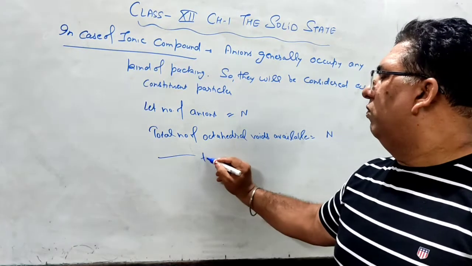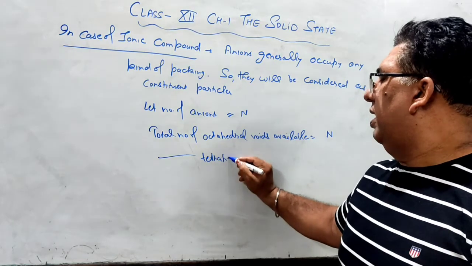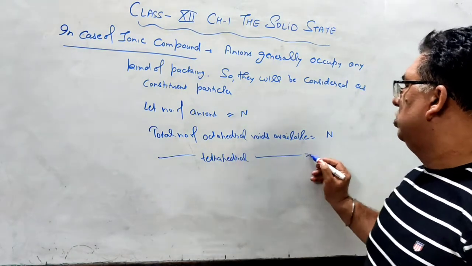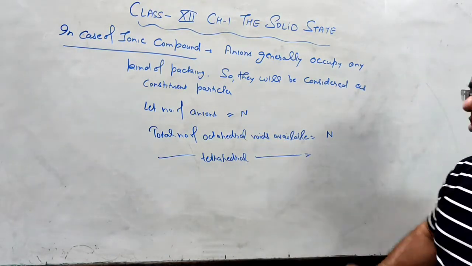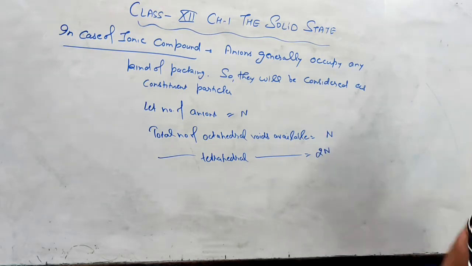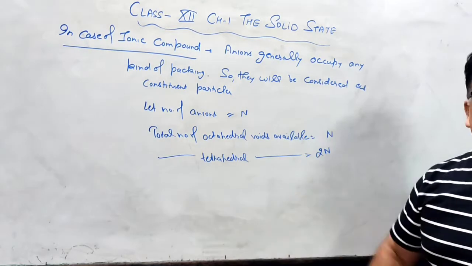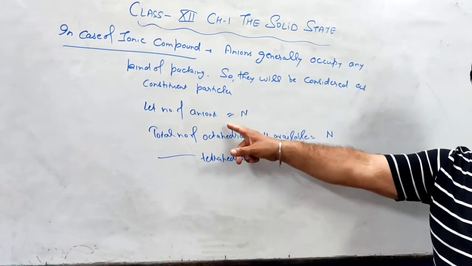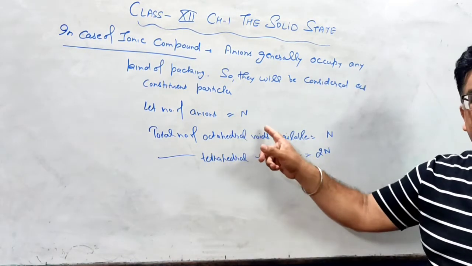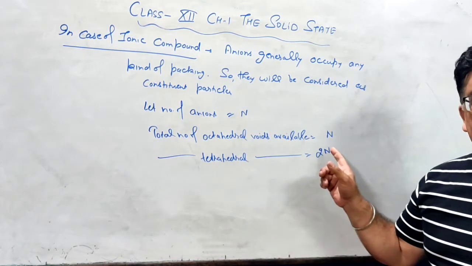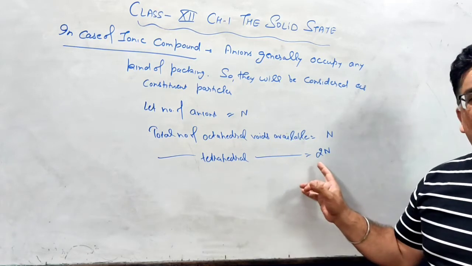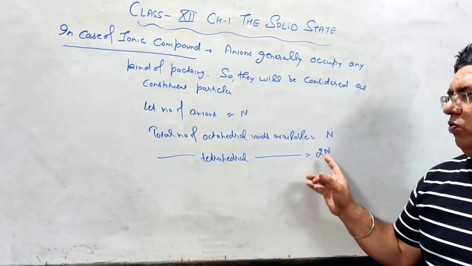And total number of tetrahedral voids available is 2 times the number of octahedral voids, so it is equal to 2n. So in case of ionic compound, anions को हमने constant particle मानना है. Let number of anions n, octahedral voids n, and tetrahedral voids 2n.